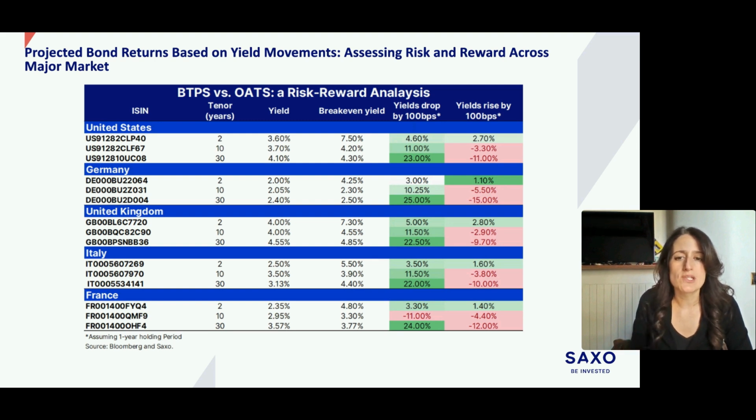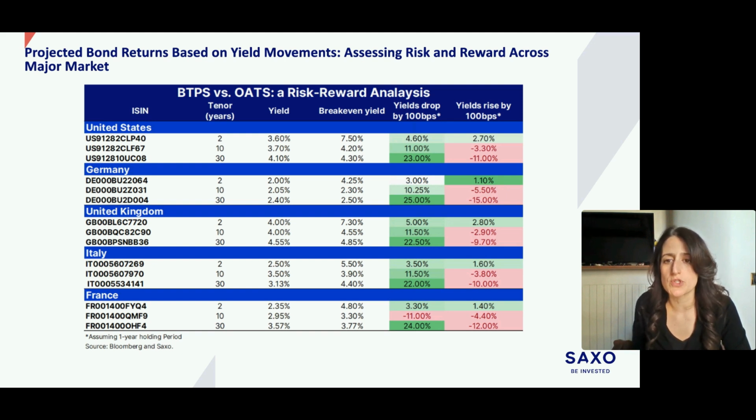Why? Because if yields are going to rise by 100 basis points, so for example, in the United States, the 2-year is at 3.6%. If in 1 year time, the 2-year US Treasuries goes to 4.6%, you will still be making 2.7%.